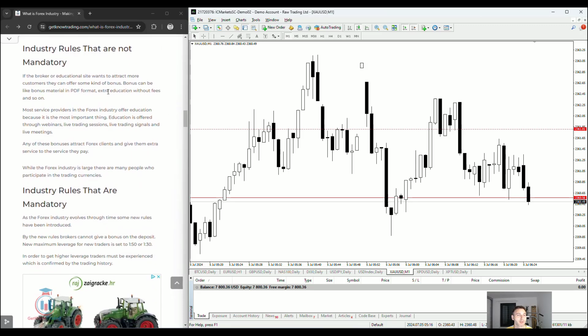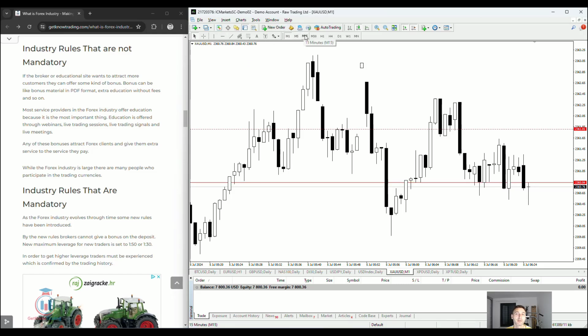Now, rules that are not mandatory. For example, the broker is not obligated to give you a proper education on how to use the technical tools here. It is his choice to give you more details and education about the tool he is providing, so that you can easily learn and use it to make money on the Forex market.